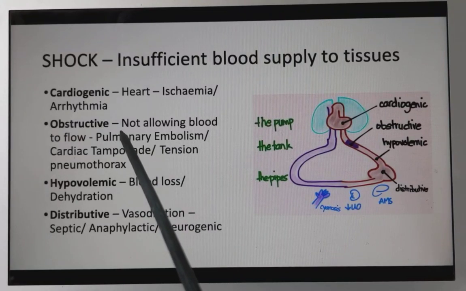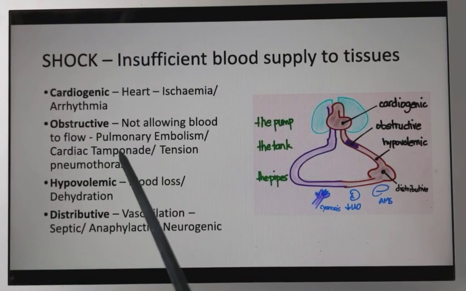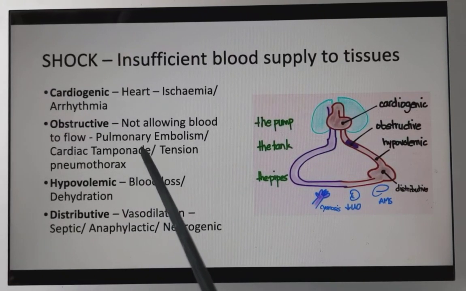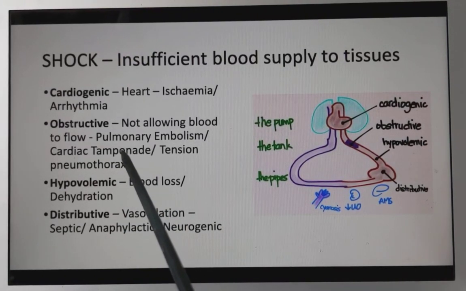Cardiac tamponade is when the pericardial sac surrounding the heart gets engorged with blood or fluid, which does not allow the heart to contract, causing obstruction of blood flow.